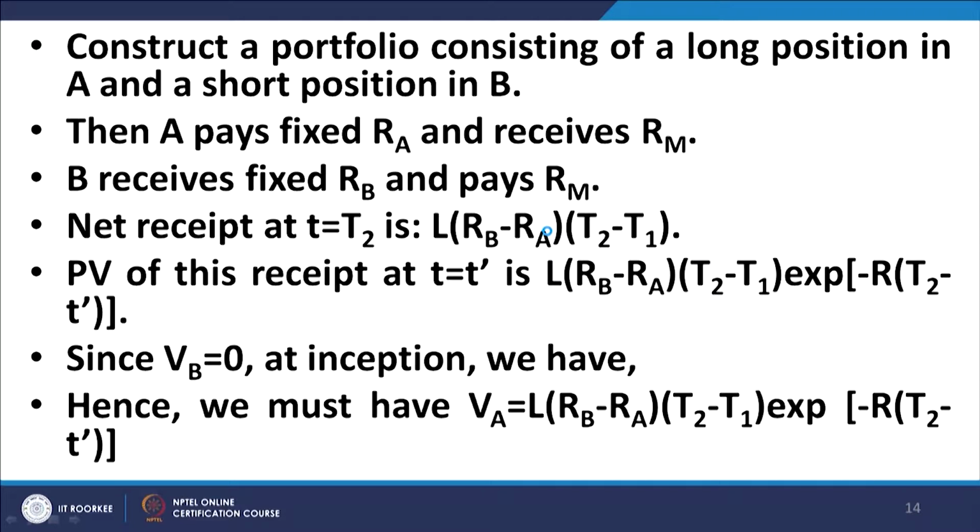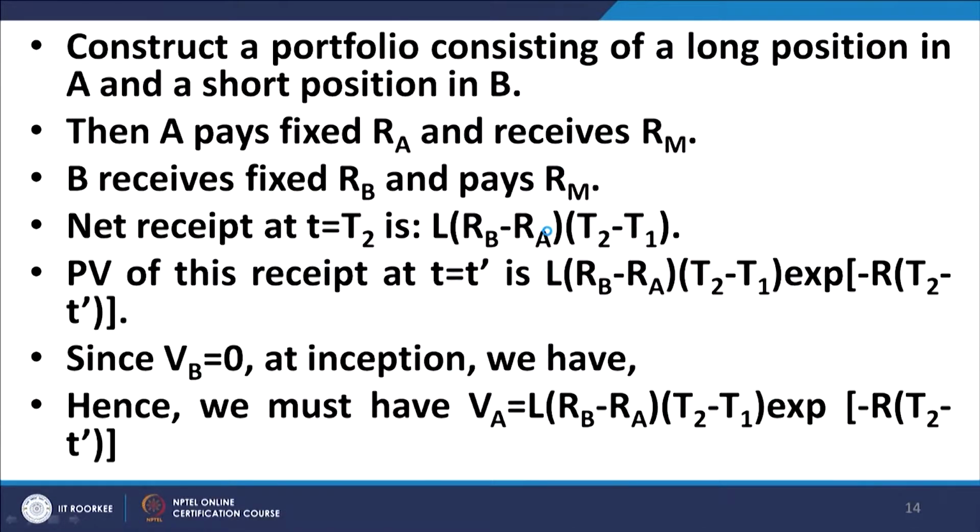That is the contract FRA A. B, because you are short, will receive RB and pay RM. So, you will receive the floating rate and you will pay the floating rate and you will receive the fixed rate. Long position pays the fixed rate, short position receives the fixed rate. So, B receives the fixed rate RB and pays RM.